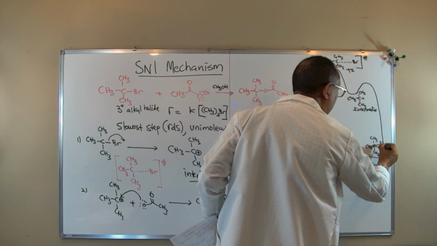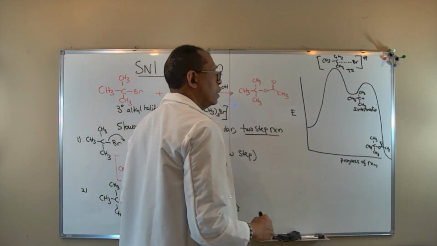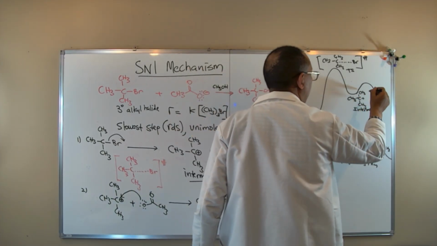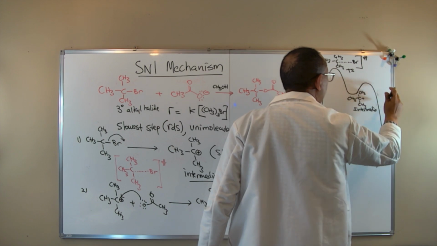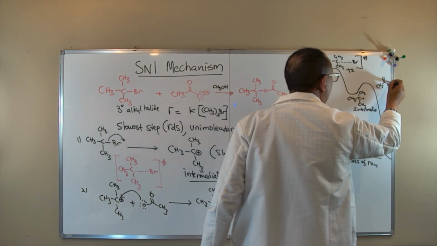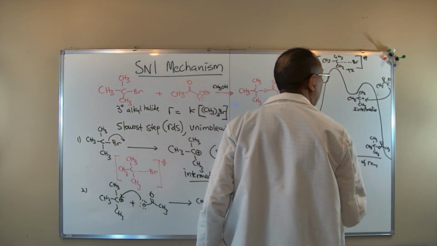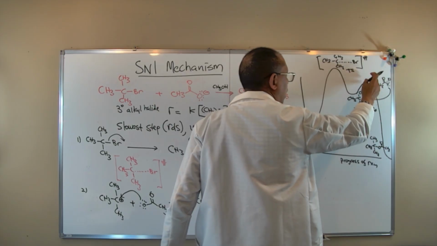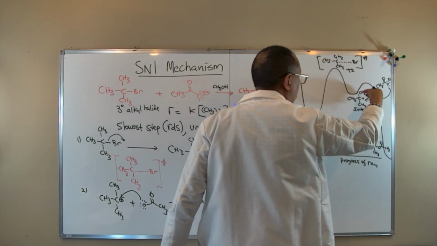Oxygen, CH3. This is the final product. Here the nucleophile, CH3O with a negative charge, would attack that carbon. This is their activation, that's just formation of the new bond.